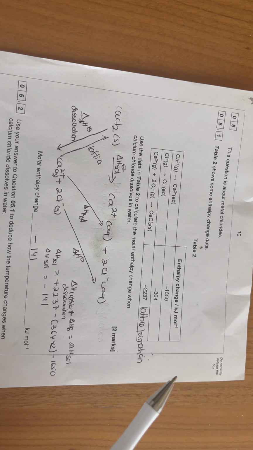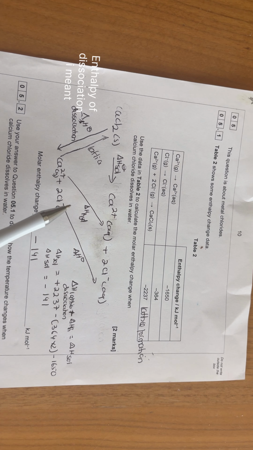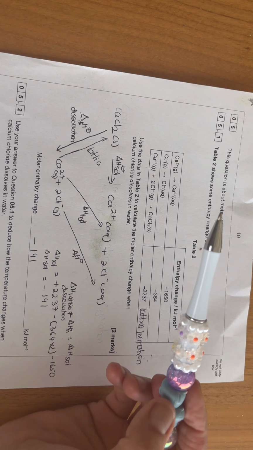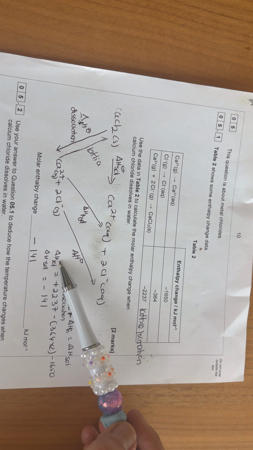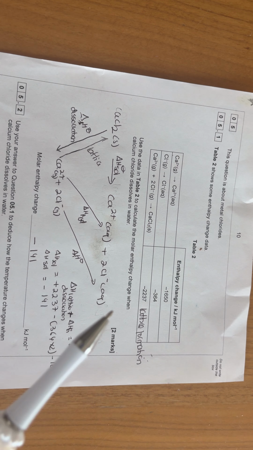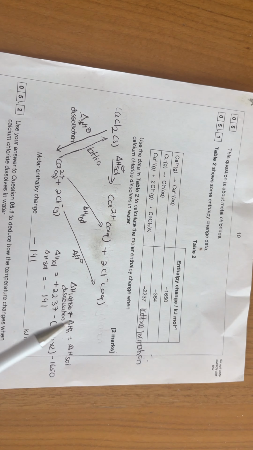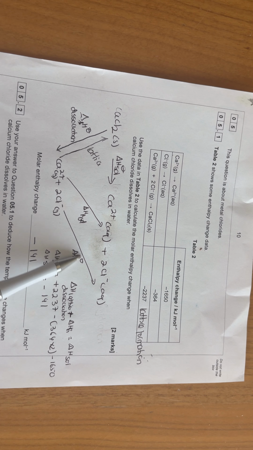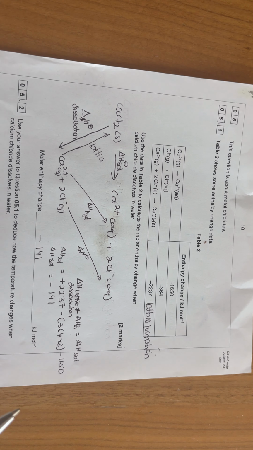So you start by setting up your equation. The enthalpy change of solution equals the enthalpy change of lattice plus the enthalpy change of hydration of calcium and hydration of chloride ions.